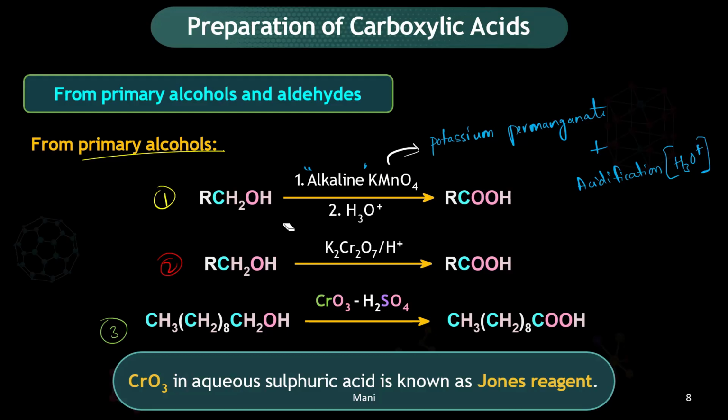Understood? So in the first method, we are preparing carboxylic acid from the alcohols with potassium permanganate in alkaline condition, followed by acidification. So you will be getting the carboxylic acid. I'm not digging into the mechanism, just the reactants and the products. Is this clear?